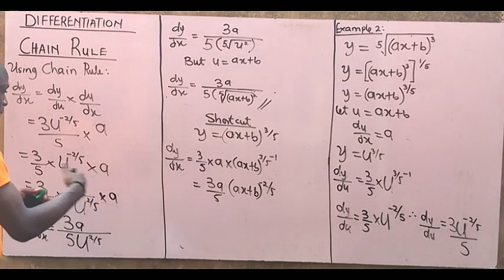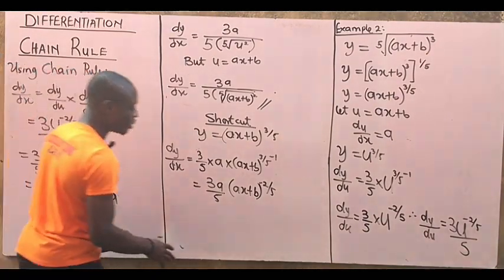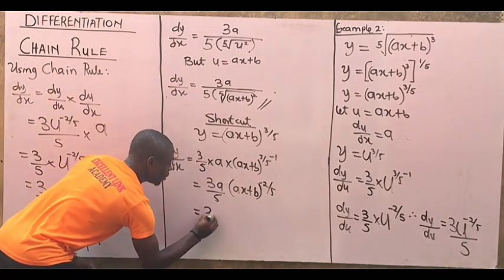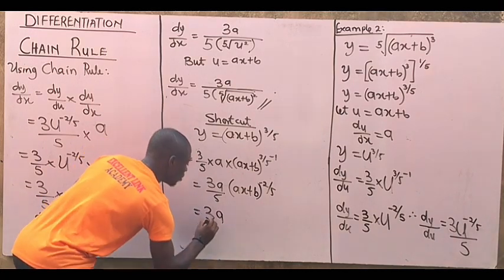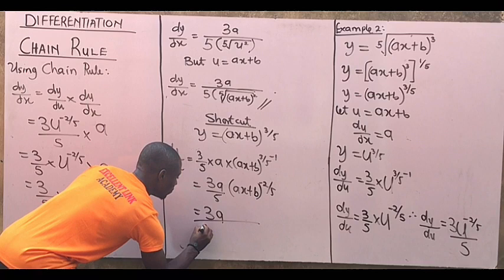For an overview, let me just compare them. This and this are the same thing, just different in expression. But let me break it down for you, one by one. I'll have 3a all over this 5.